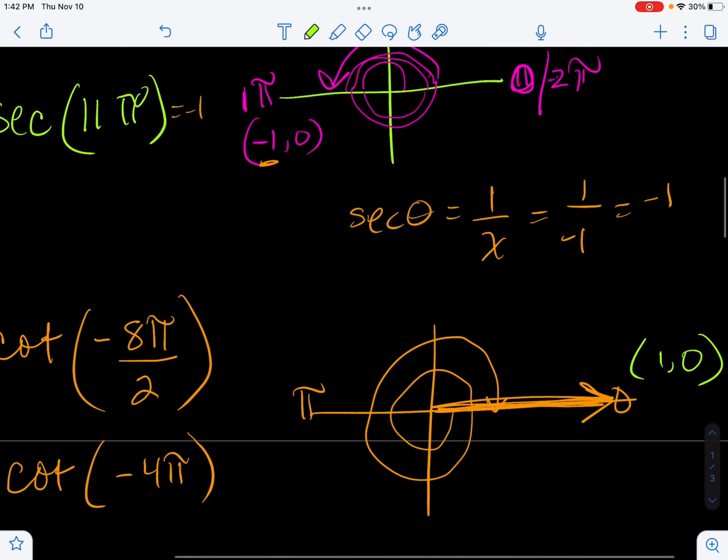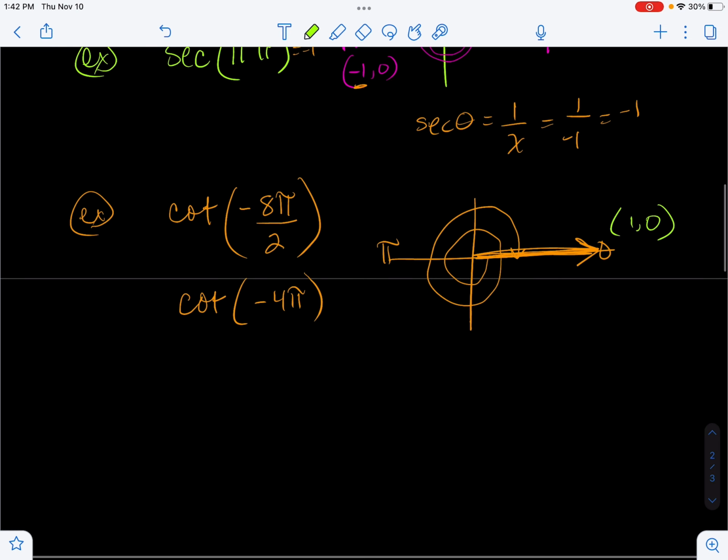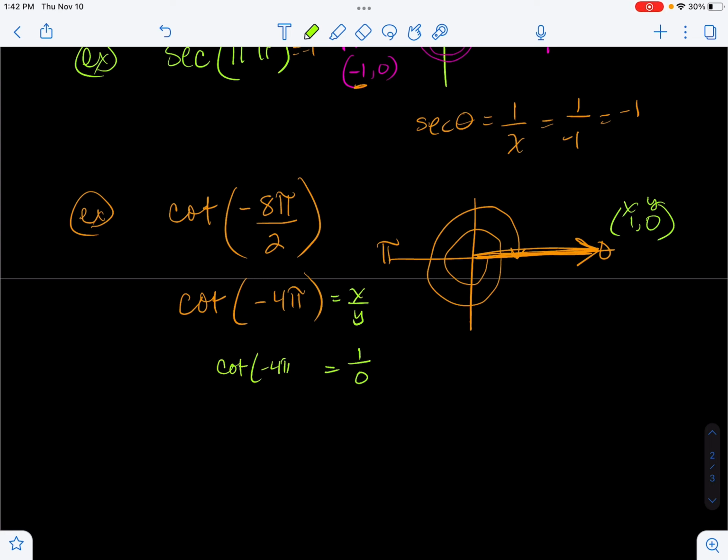But I'll do x over y. The x coordinate here is 1, the y coordinate is 0. 1 over 0. Division by 0 is undefined in mathematics. So cotangent of negative 4 pi is undefined.